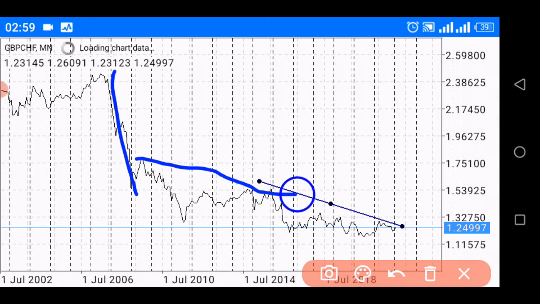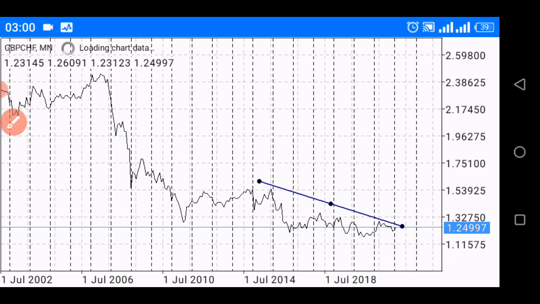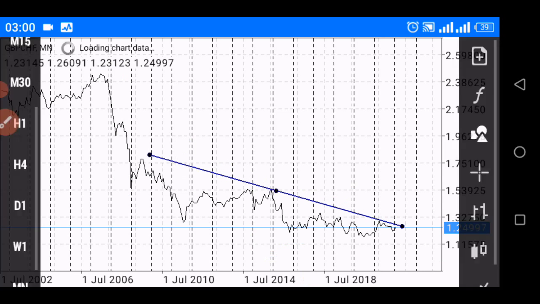After that, you see how we start having a corrective movement there. We have an impulsive movement to the downside, and we start having a corrective manner here, from here, with a lot of pullback. You see it.